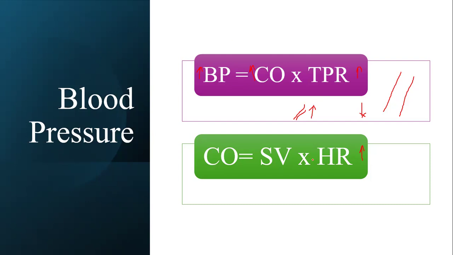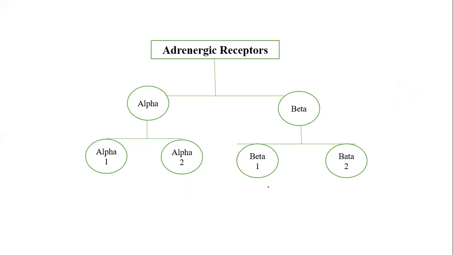So this is really important to understand the formula of blood pressure and the concept of blood pressure. Why? Because all these medications are going to work on this. So that's why it's really important to know that. The next thing is we need to know about the adrenergic receptors.